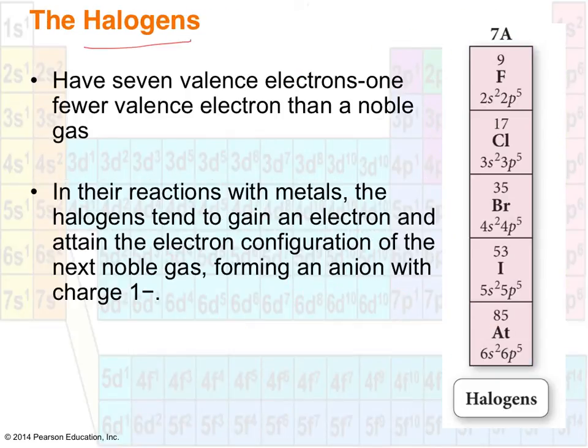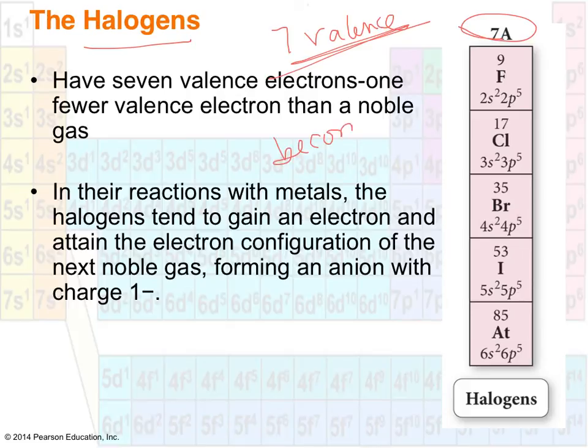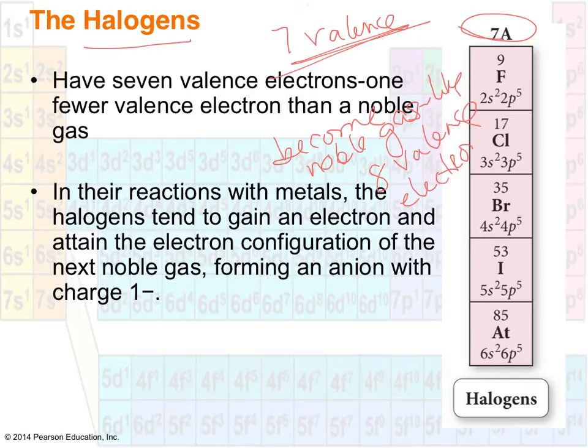The halogens are in group 7A. They have 7 valence electrons. Remember that all of these elements are trying to become noble gas-like in their electron configurations. All of these elements would like to have 8 valence electrons. That's the octet rule. The easiest way for halogens to get 8 valence electrons is to take on 1 more electron.